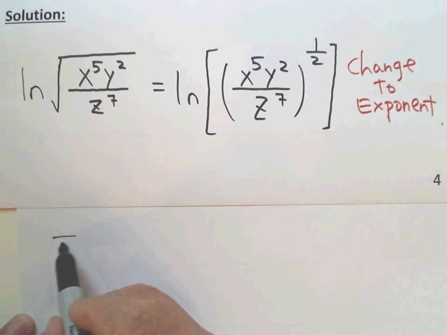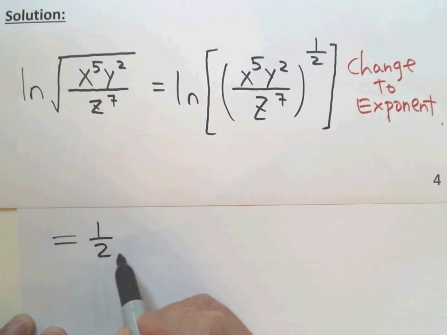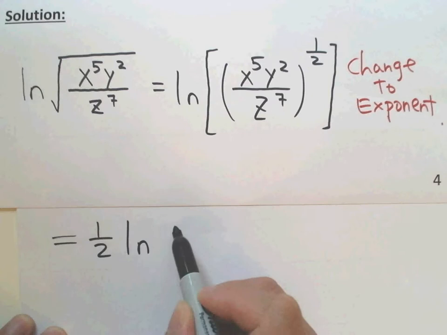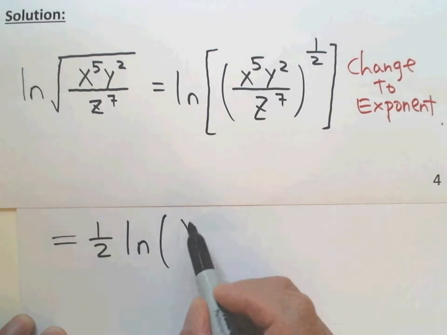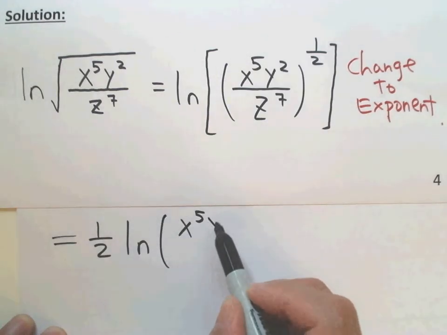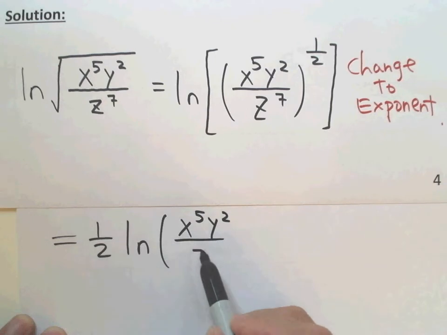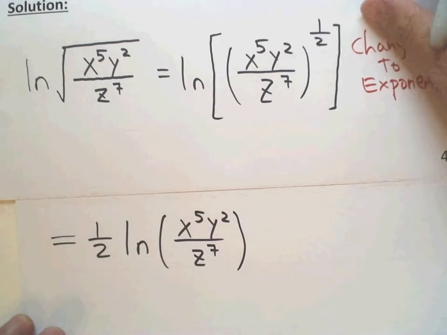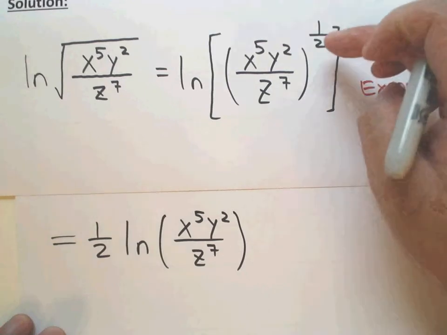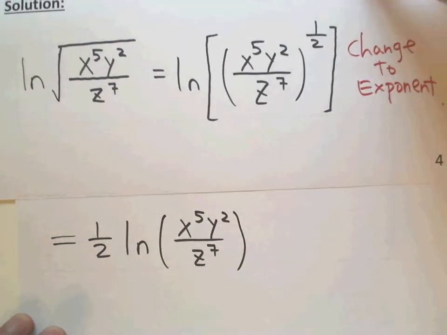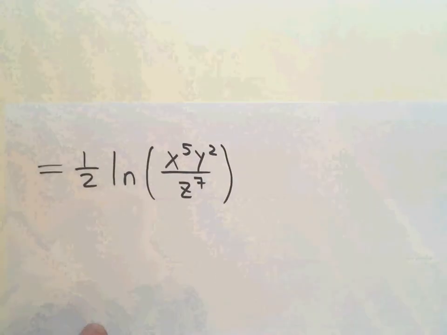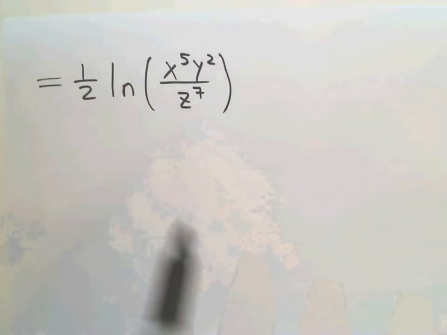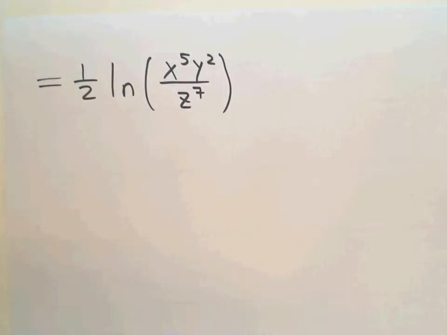So 1/2 laid down is 1/2 times ln of parenthesis x to the 5th power, y to the 2nd power, over z to the 7th power. Can you see? This is all we use. This is the power rule. So now we're good to go.